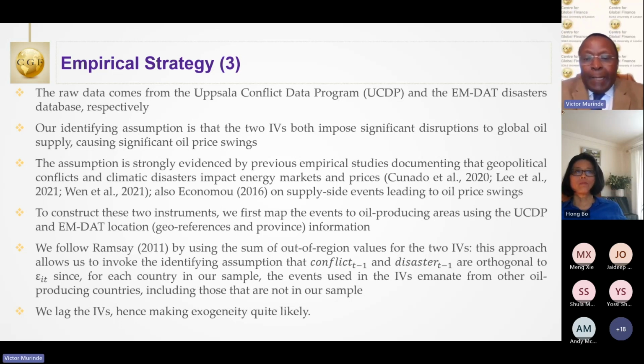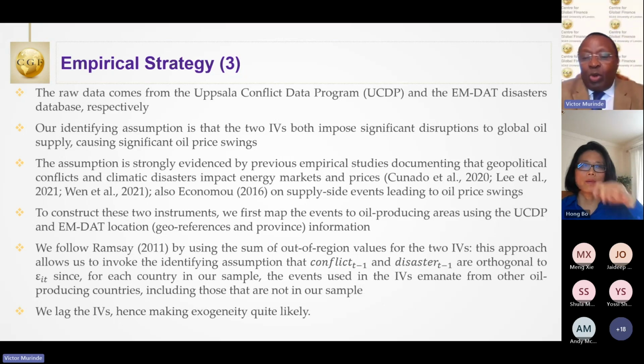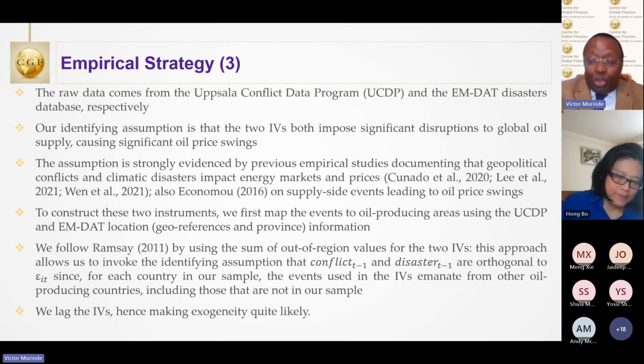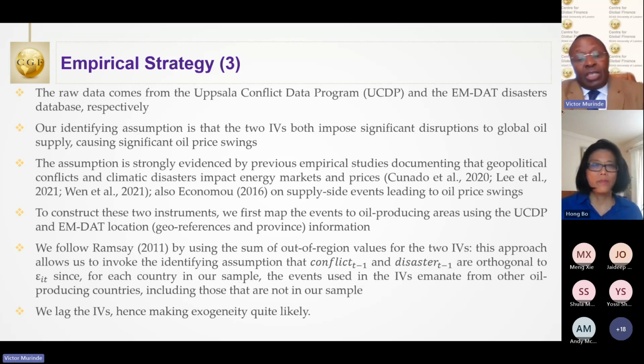Now, in working out these two IVs, we follow the work of Ramsey, using the sum of out-of-region values. And this approach is novel because it allows us to invoke the identifying assumption that conflict at t-1 and disaster at t-1 are orthogonal to the error term, since for any country in our sample, the values used in the IV come from oil-producing countries, including those countries that are not in our sample.